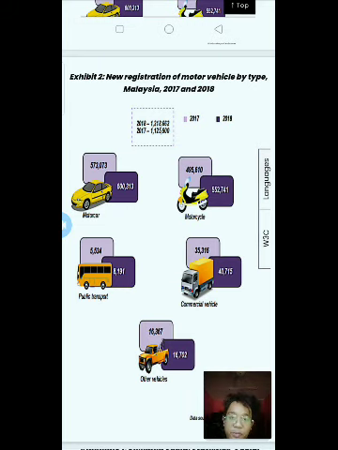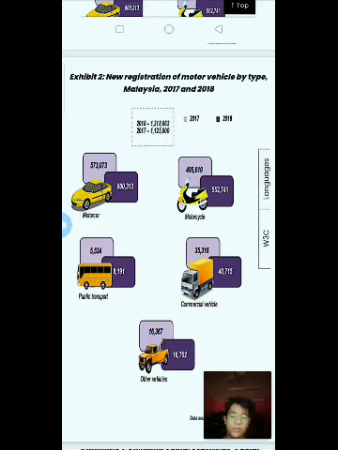In public transport, the registration of motor vehicles in 2017 is 5,534. In 2018 it is 8,191. Commercial vehicles in 2017 are 35,319.